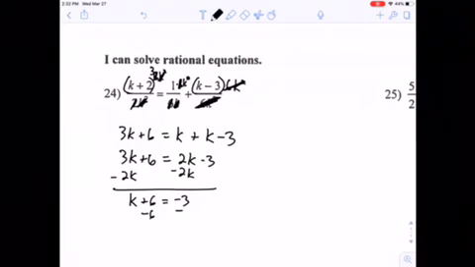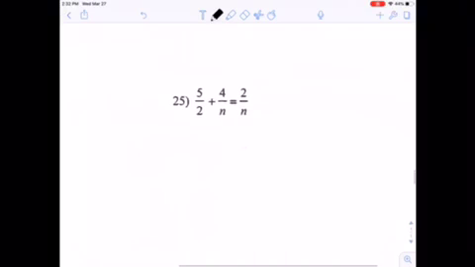Subtract 6 from both sides, and you get k equals negative 9. Okay? There you go. And since in here, if you put negative 9 in for k, it works. There's your solution. Okay?